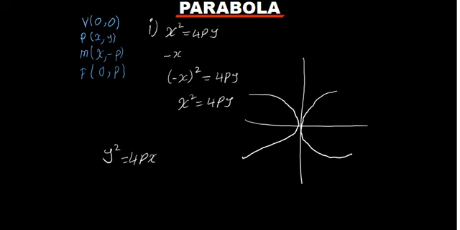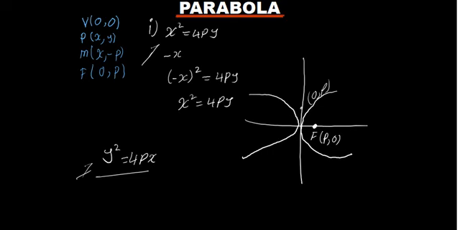So the same steps that we use to derive this equation are the same steps that we can use to derive this equation as well. The only thing that changes is the focus. Remember, when we had our focus here, the coordinates were (0, p), but in this case it is going to be (p, 0), which is going to change everything, and this is the equation that we are going to have at the end of the day, which marks our second equation.